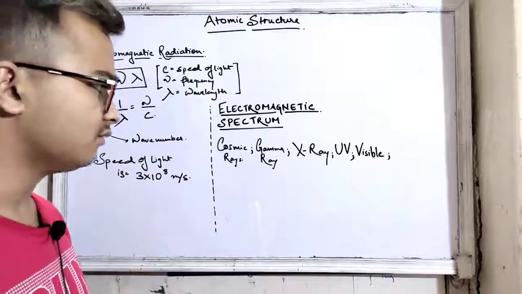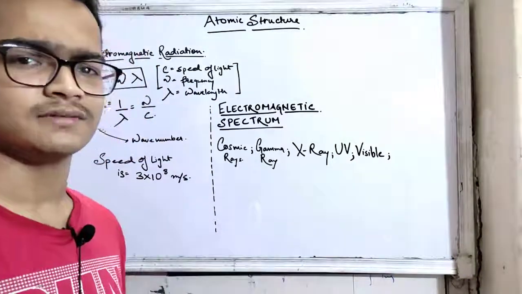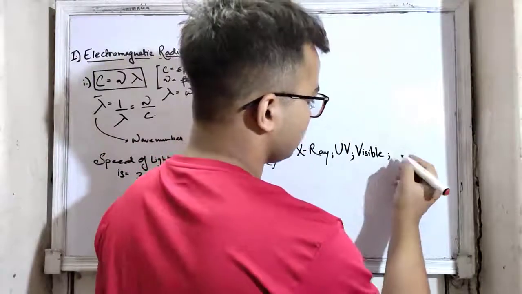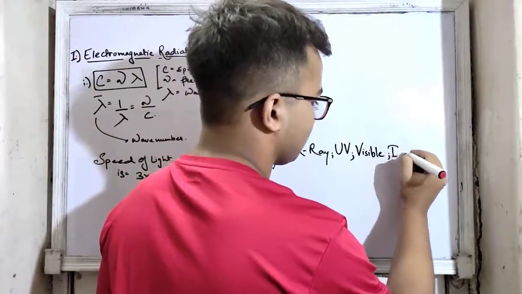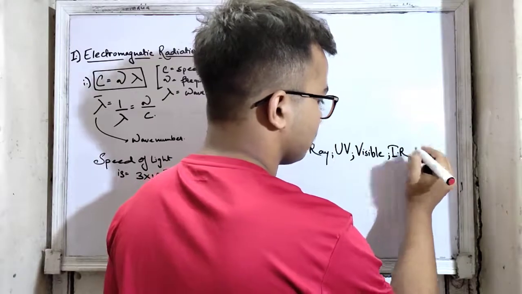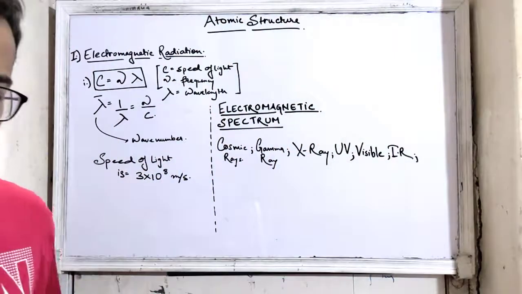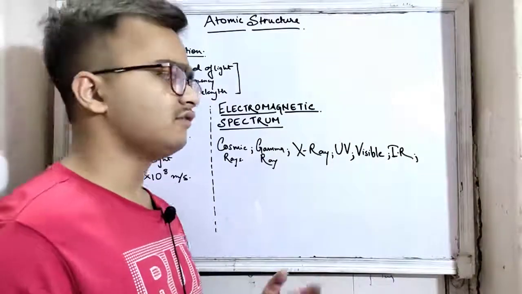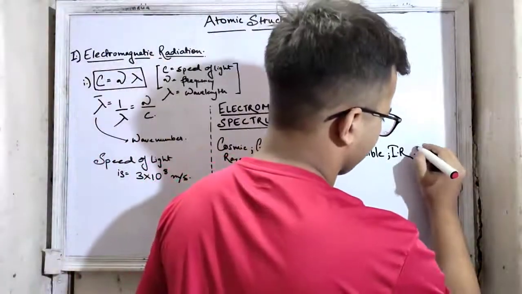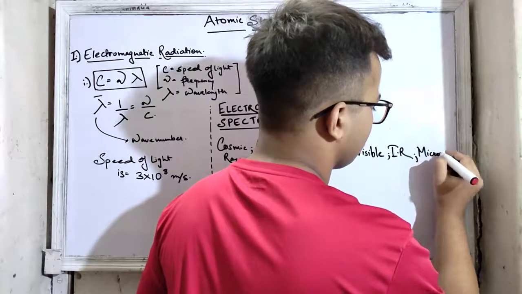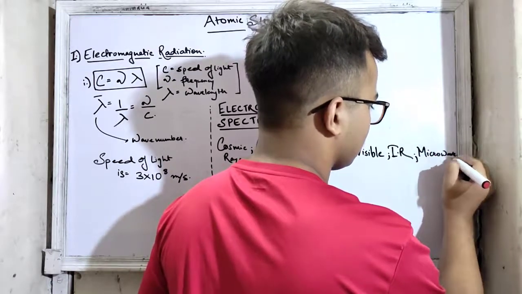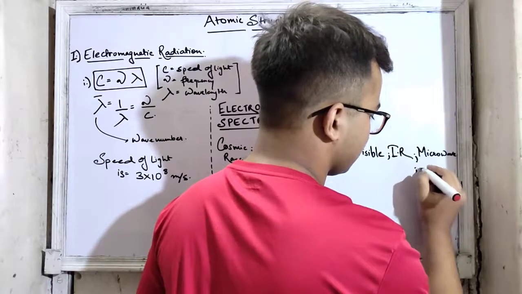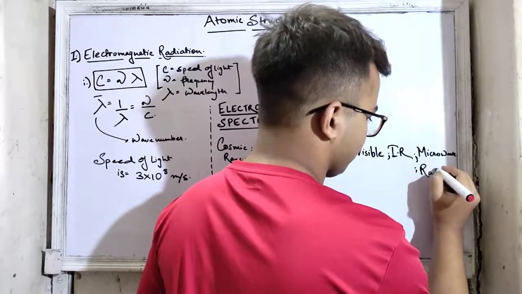This range is not visible. After visible ray comes infrared, IR, and after that we get microwave, and at last we get radio wave.